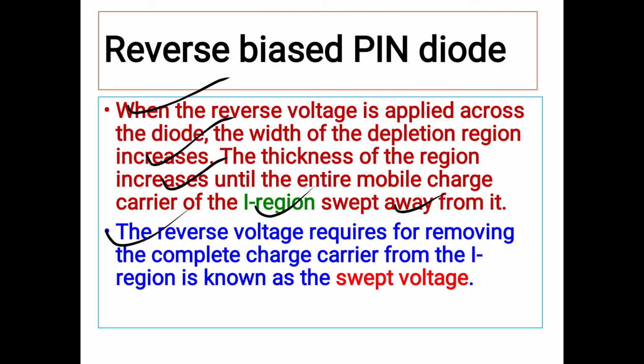So the reverse voltage which is required for removing the complete charge carriers from the I region is known as the swept voltage. This swept voltage is required for removing the charges which are present in the I region.